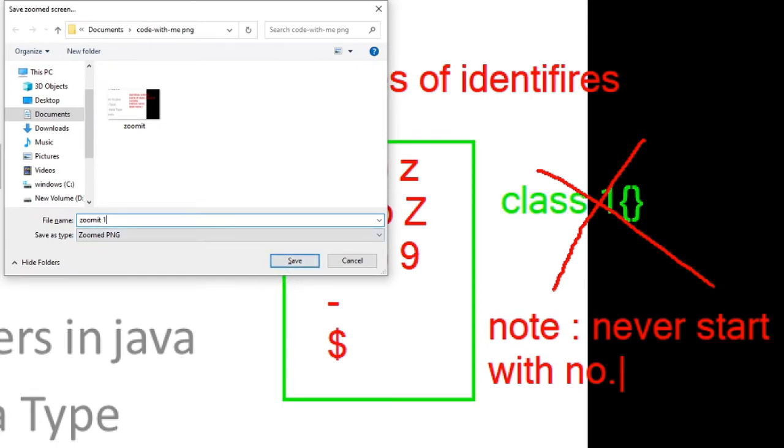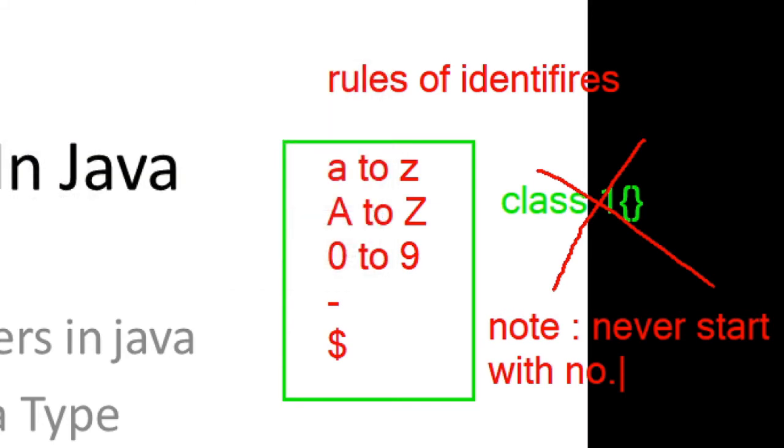Identifiers never start with numbers. So is the Java identifier case sensitive? Yes. So these are some rules of identifiers.